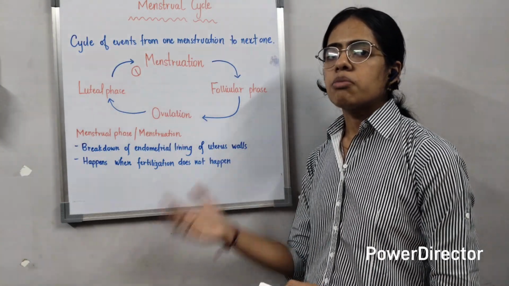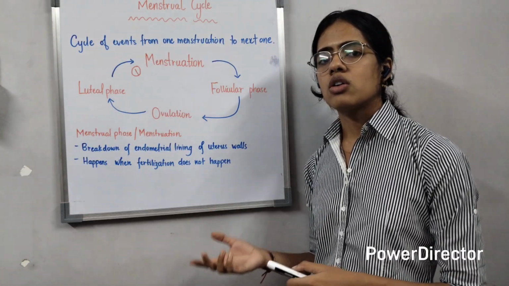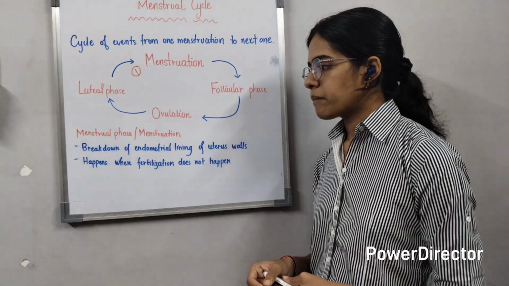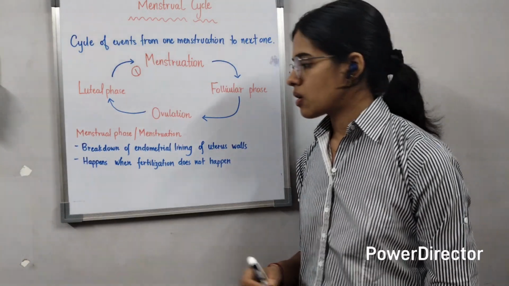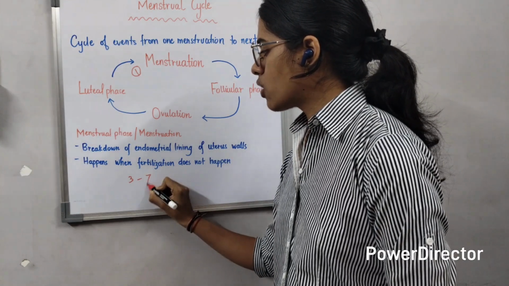Now, menstruation occurs because the fertilization did not occur in the body. So, this is the first phase, and it lasts for about 3 to 7 days.